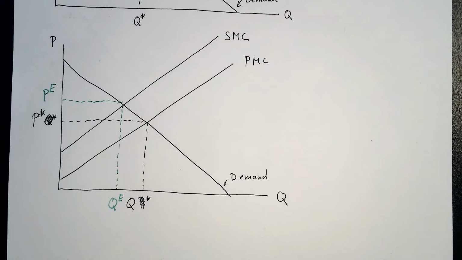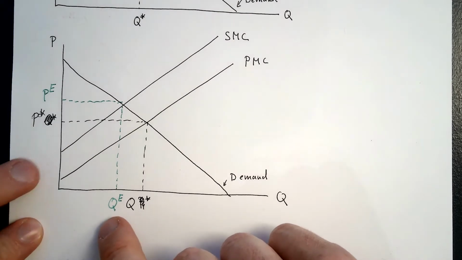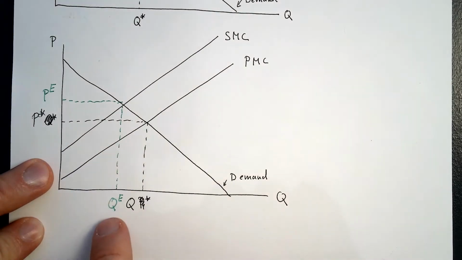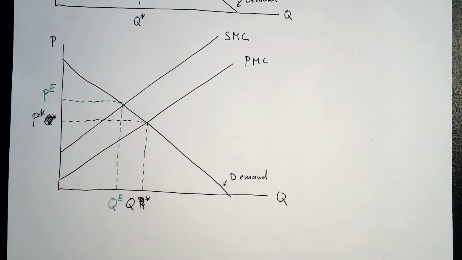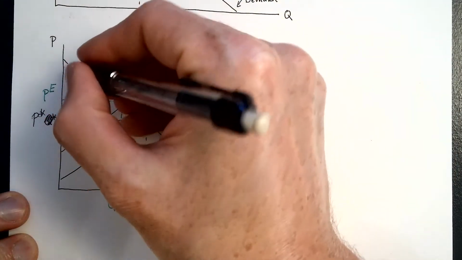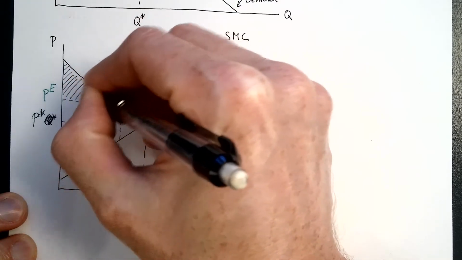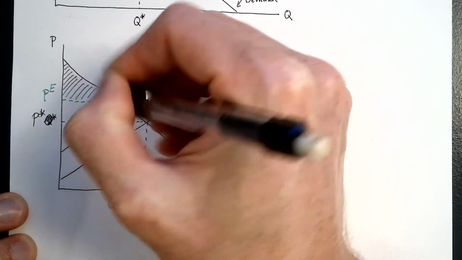Now note that if society exchanges at QE and PE, then we have the consumer surplus, which is the area above here.